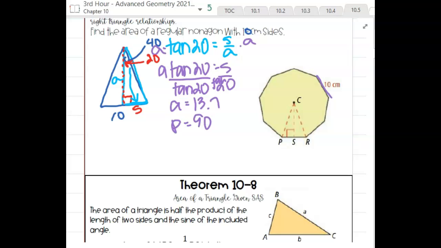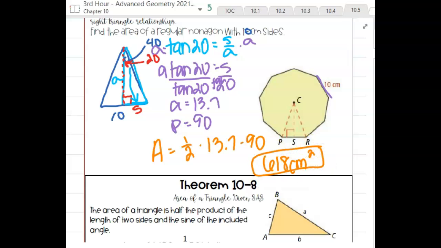Once you have these things, you're ready to plug them into your formula. To find the area, you're going to take 1/2 of the apothem, which we found was about 13.7, times the perimeter, which is 90. And if we round, we should get about 618 centimeters squared.